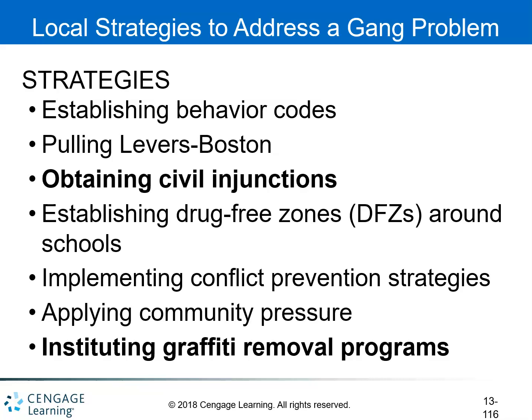It's where once you define a gang and who's in it, you serve them all a civil summons. Basically you take them to court so they can't keep hanging out with each other and causing problems. And then you can have graffiti removal programs. So when they spray up their graffiti, your removal program comes right back around and sprays off the graffiti so that way people don't see it.